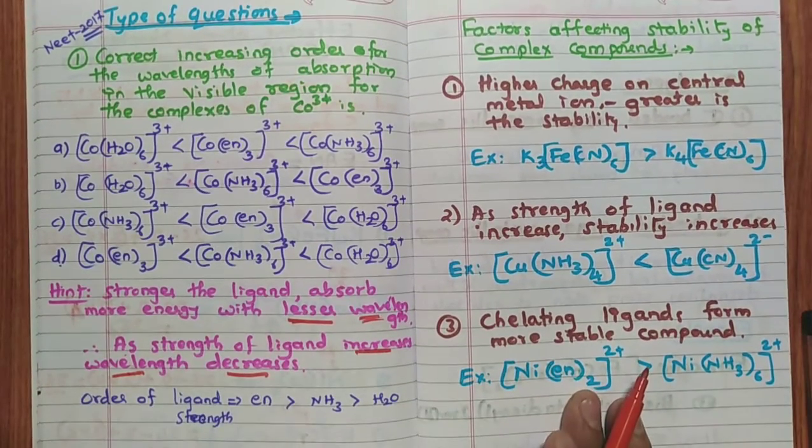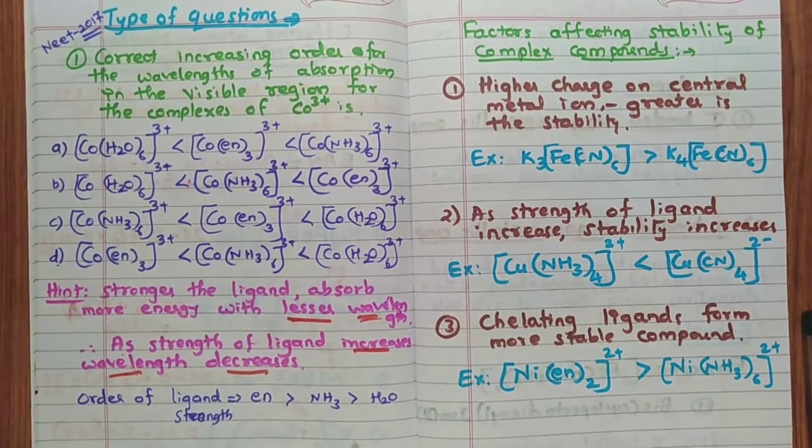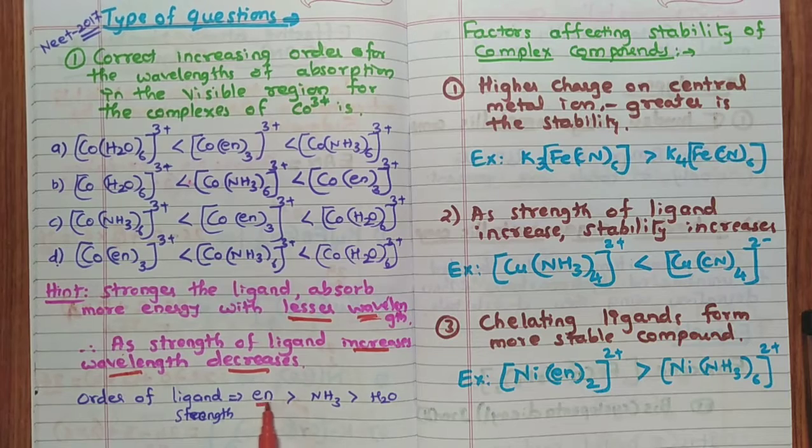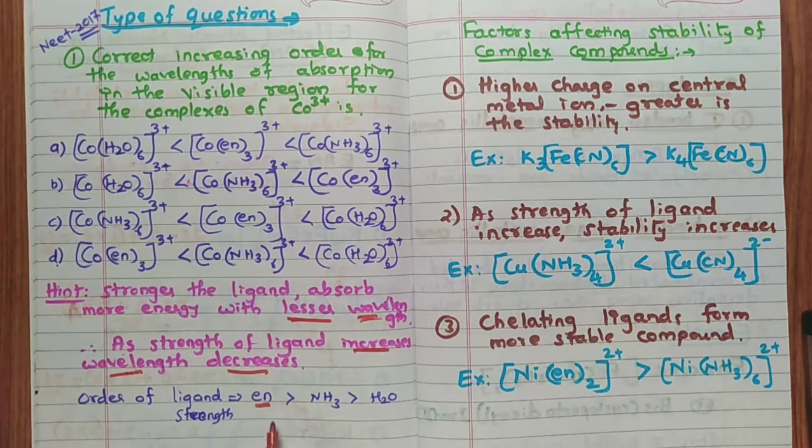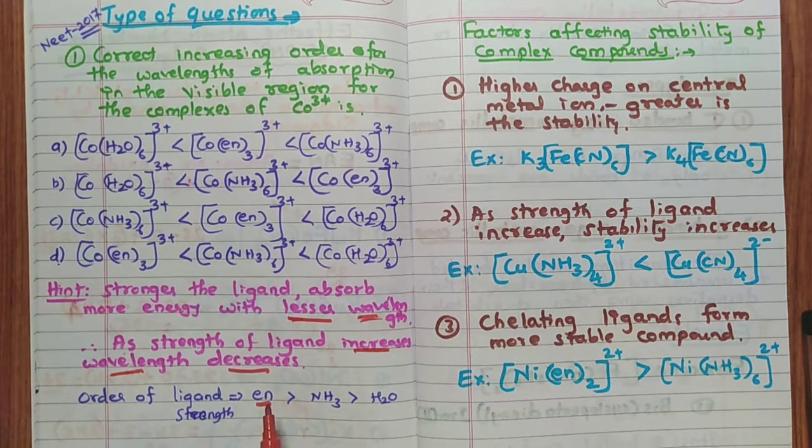Now you will see the order of strength of the ligand. Remember, en is more. En is a nitrogen donor, and ethylenediamine is always stronger than ammonia.